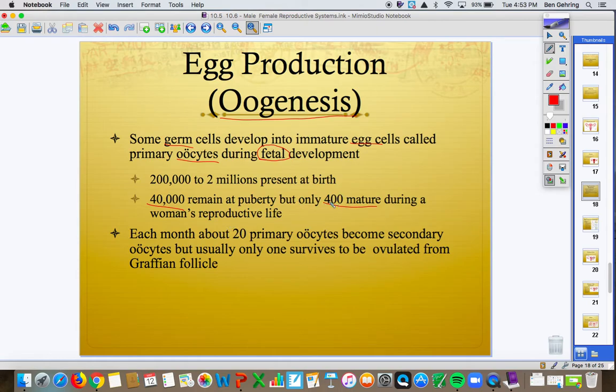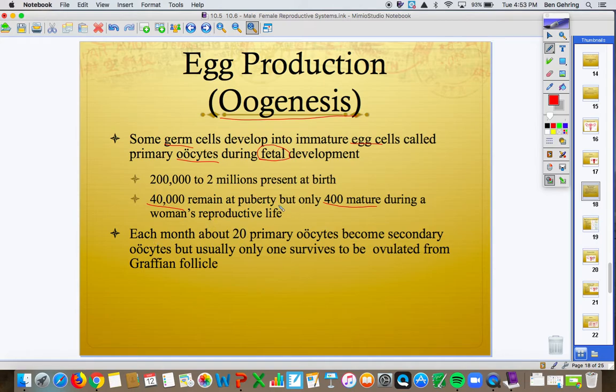If you take 400-ish divided by 12 for months, you get 32, 33 years. So from the time you first undergo puberty and have your first menstrual period, you have roughly 30 years after that to produce and conceive a child.